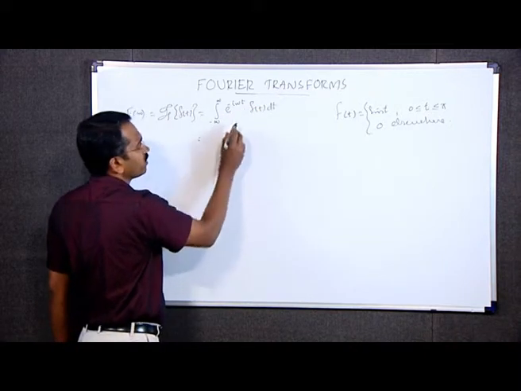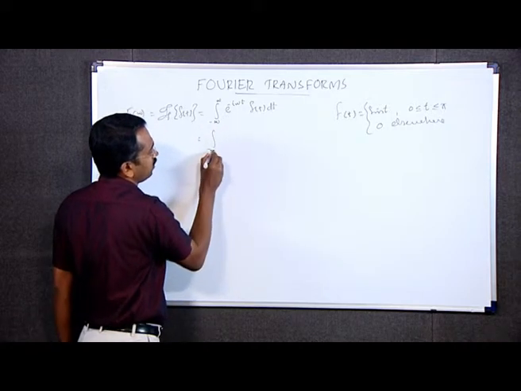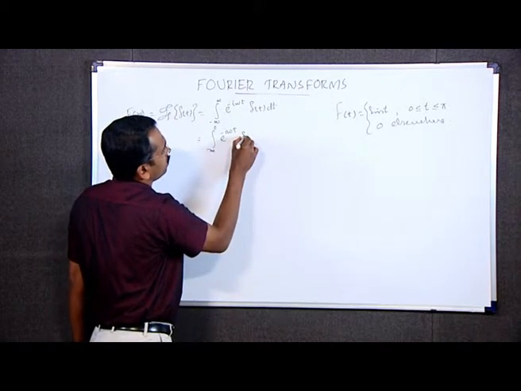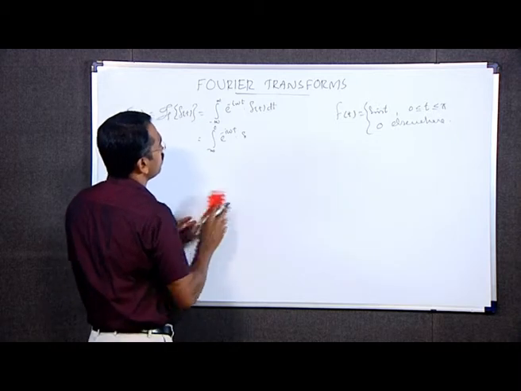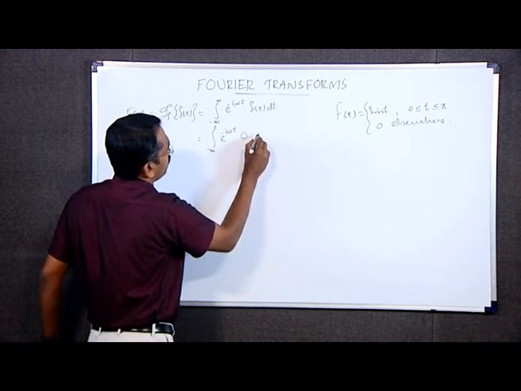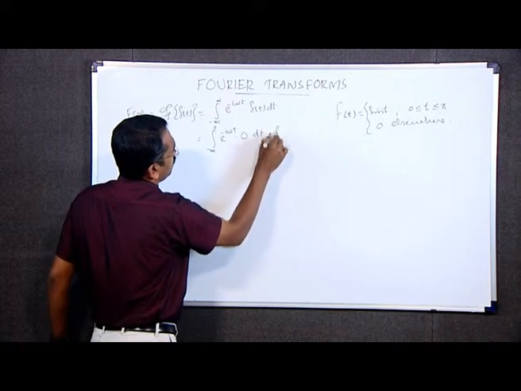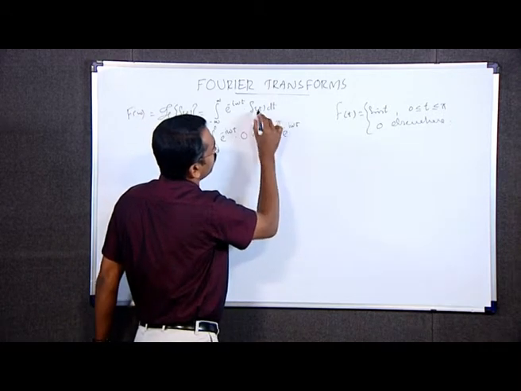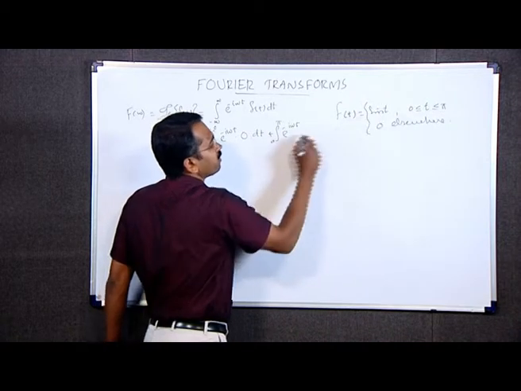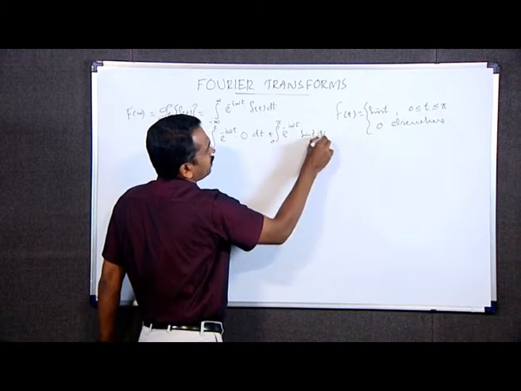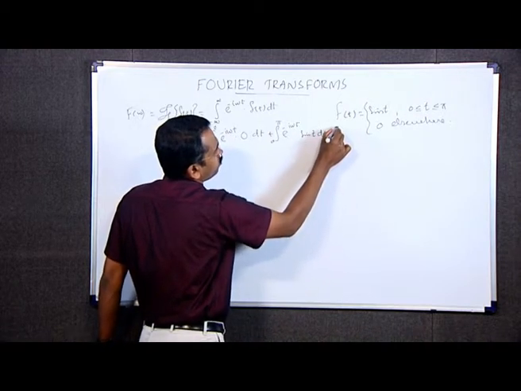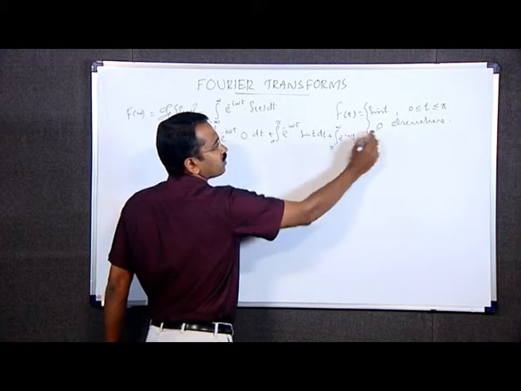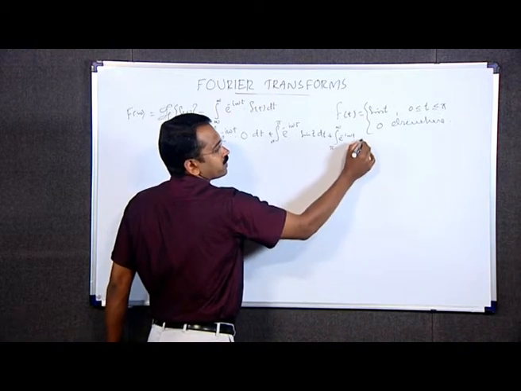Here we have to split this integral as the integral from minus infinity to 0 of e raised to minus i omega t into f of t, which in this case is defined as 0, dt, plus the integral from 0 to pi of e raised to minus i omega t into sin t dt, plus the integral from pi to infinity of e raised to minus i omega t into f of t, which is defined as 0 in the interval pi to infinity.